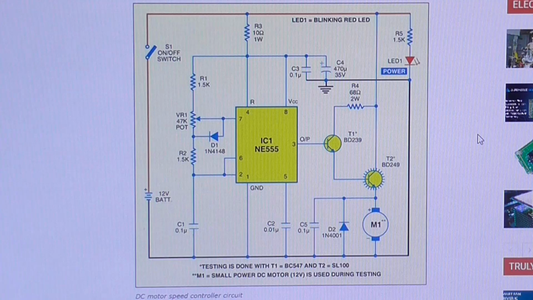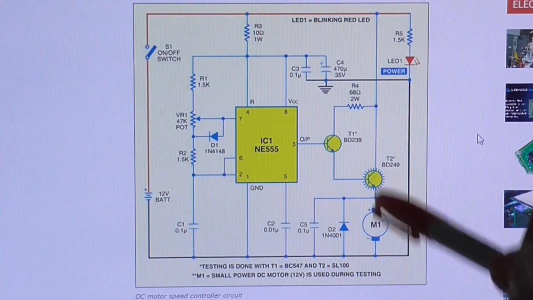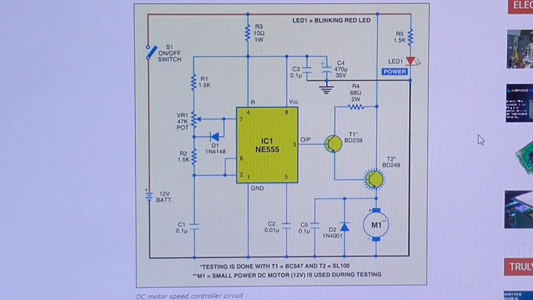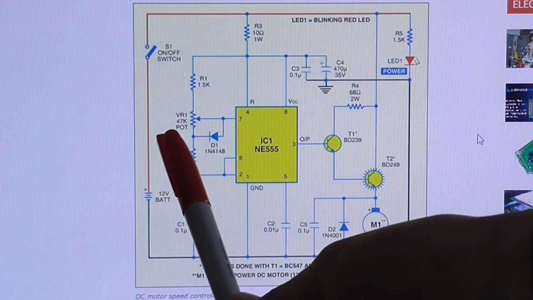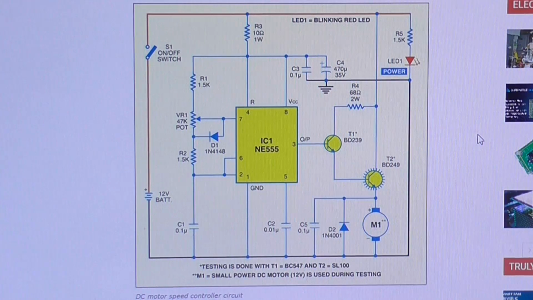So I guess what I'm going to start with first is I'm going to build up this part of the circuit without the output stage. I'm just going to scope what the output is doing so I know what the frequency varying is. They're using a 47k pot here for VR1, which is a non-standard value. So I'm just going to use a 50k. I've got one of them. And all the other resistors it looks like I've got, which is 1.5k.